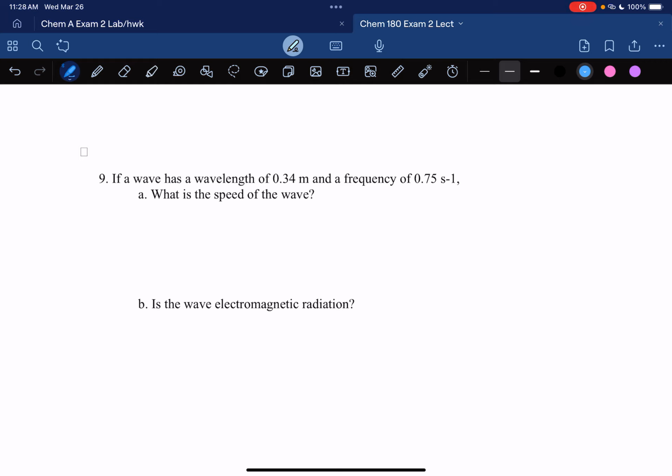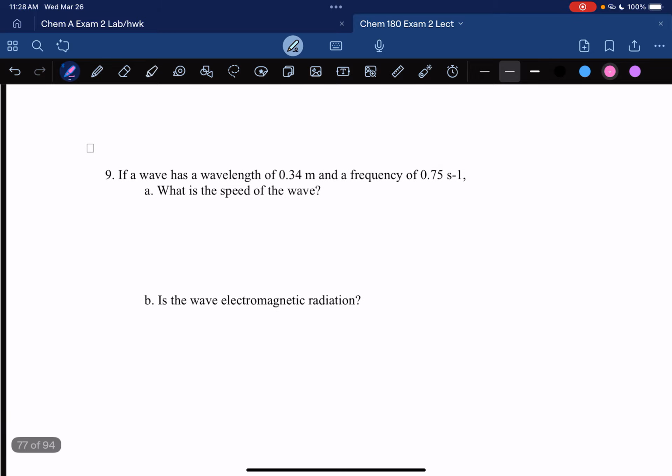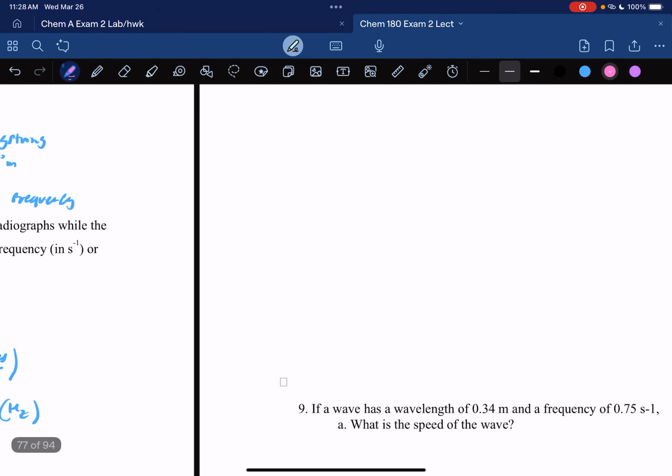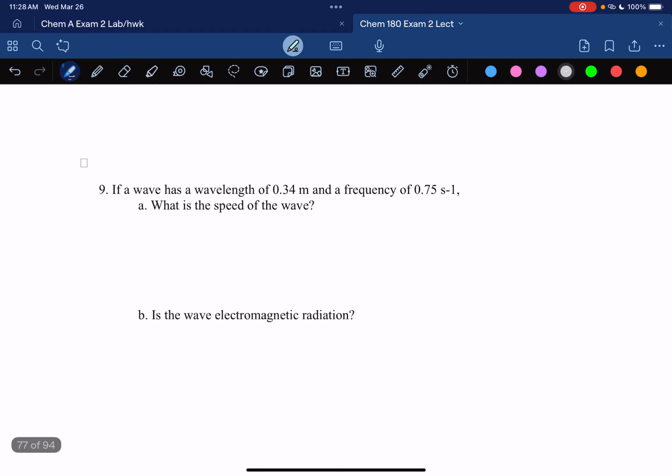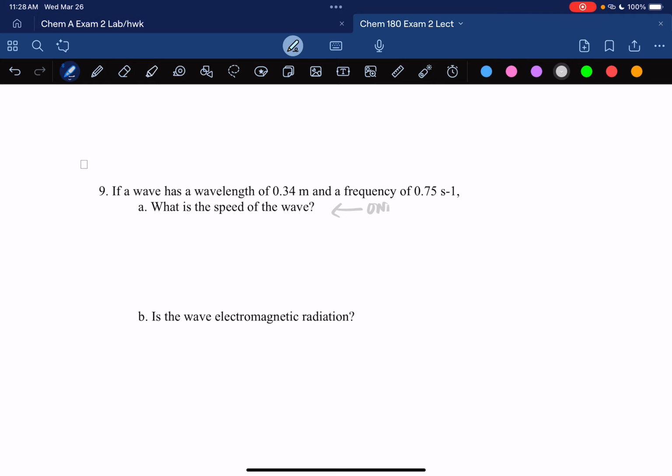Do all waves travel at the same speed? No, only electromagnetic radiation, only light waves, will travel at the same speed in all regions. But this one didn't say it's electromagnetic radiation. So how do you calculate its speed?